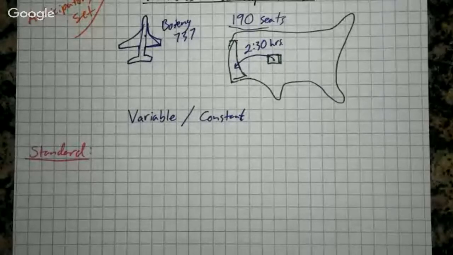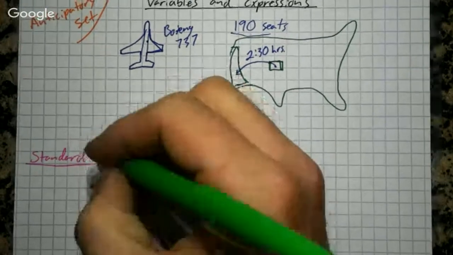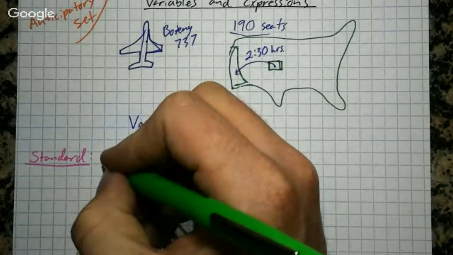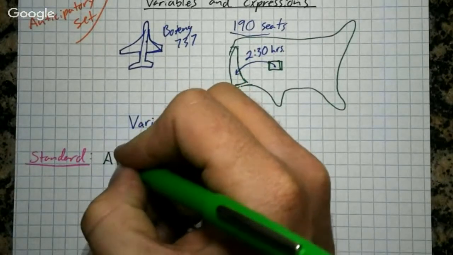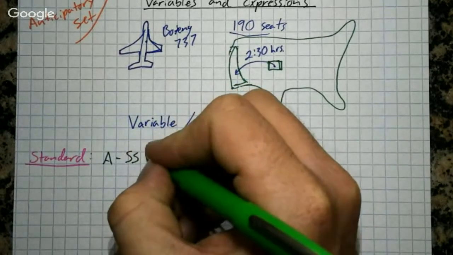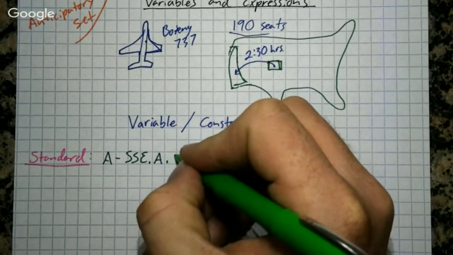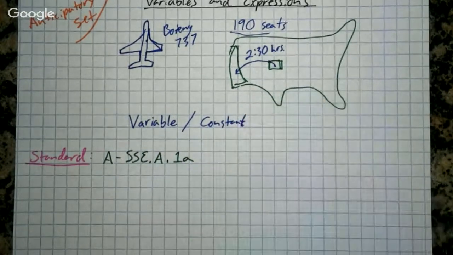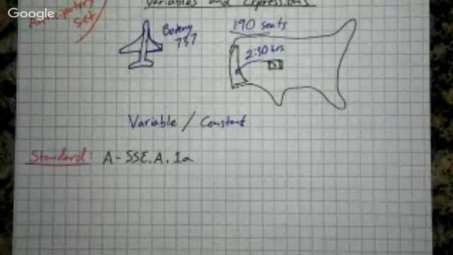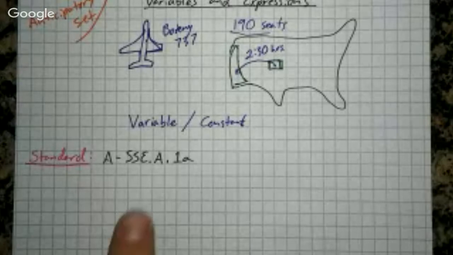Our standard, which you should be writing down as well, is the hardest, most confusing standard that I've written so far. A-SSE.A.1a. So there we go. That is what we're going to be writing down. That's the standard we're going to be using as we work through today. The curriculum we're going through today is all based on this standard.